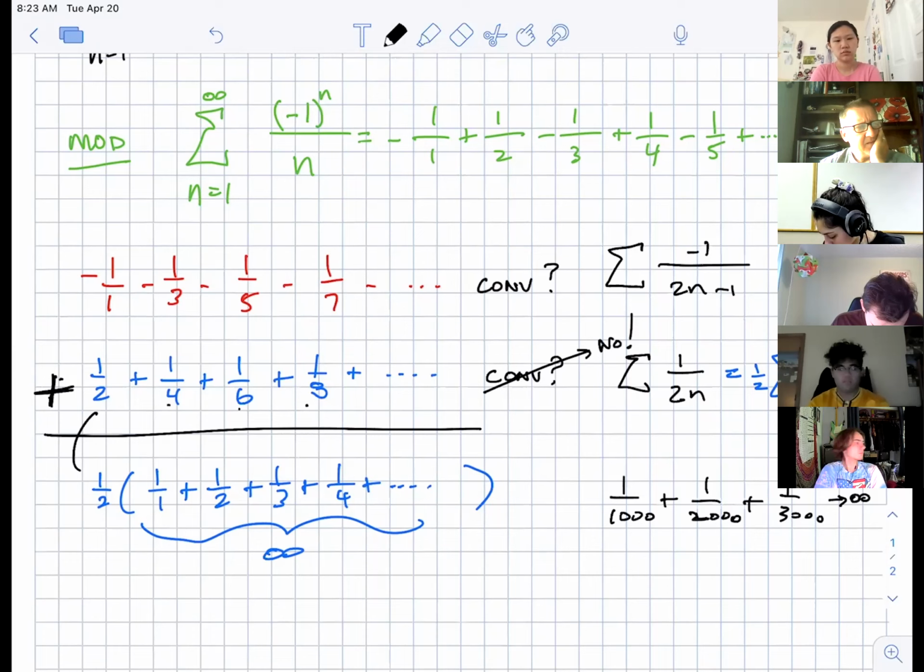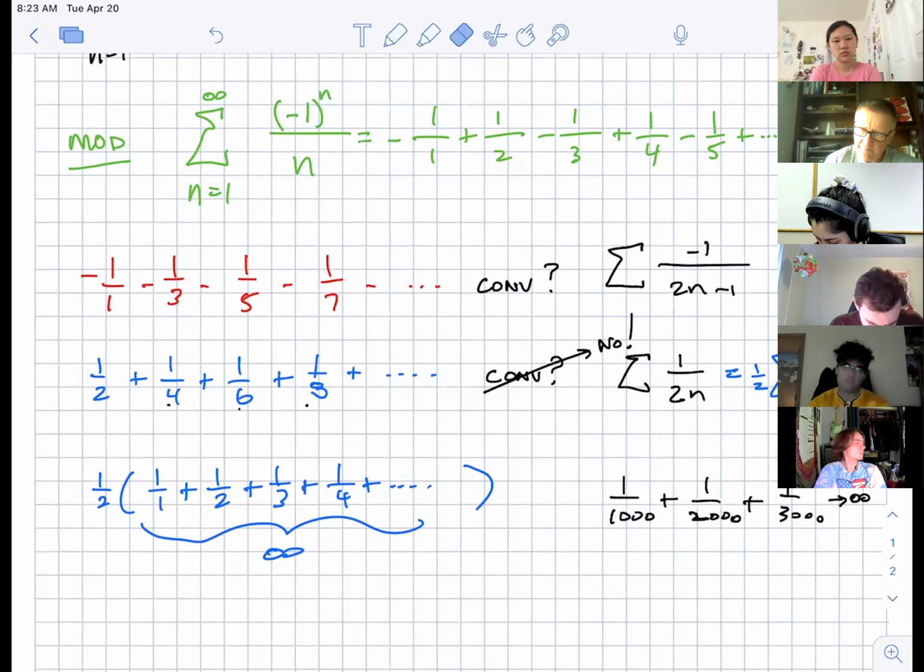Does that help? Does that help to decide if this one goes off to infinity as well, or converges to something?